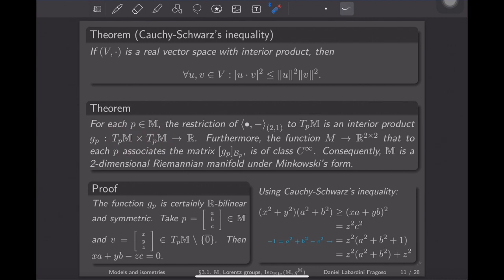So Minkowski's form is not an inner product for R3. We just saw it. But on each of these two-dimensional spaces, which are not the whole R3, it is, for each of them.